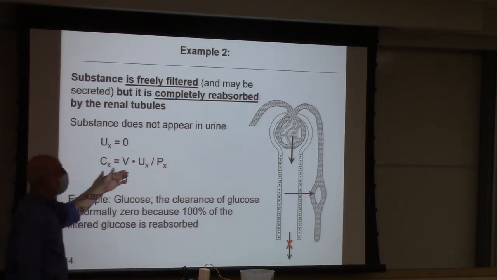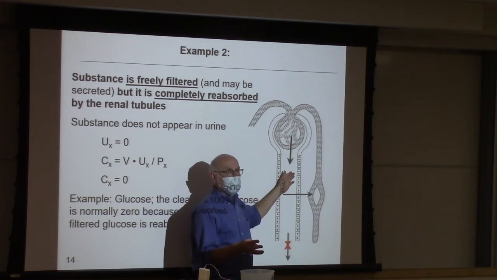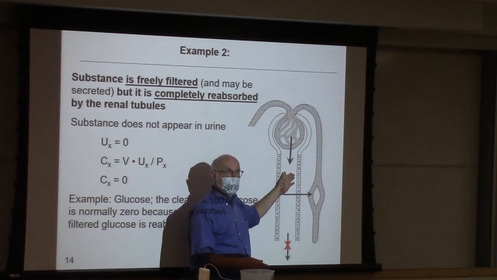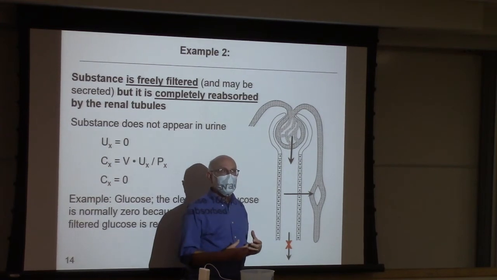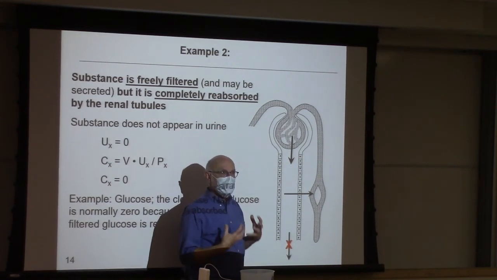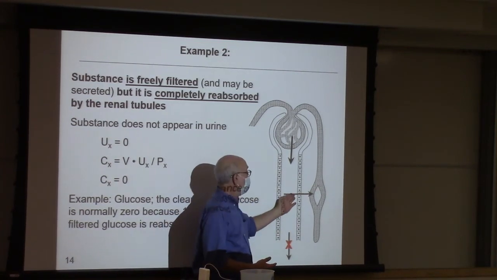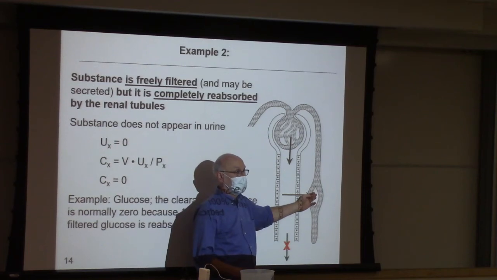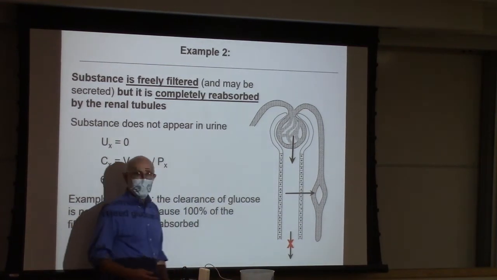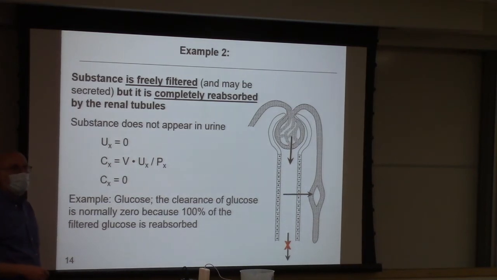Glucose is small enough to be filtered, but we do not want to urinate our glucose away, right? We worked hard to get that glucose, right? That's what's keeping us alive. We do not want to excrete it, and we have evolved mechanisms for reabsorbing all of it, unless we have diabetes. We'll talk about that next week.